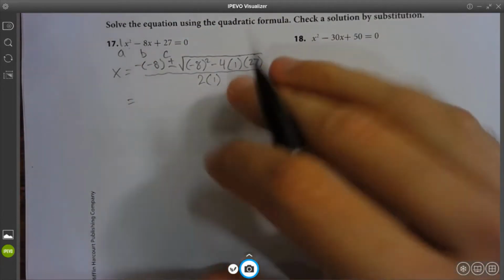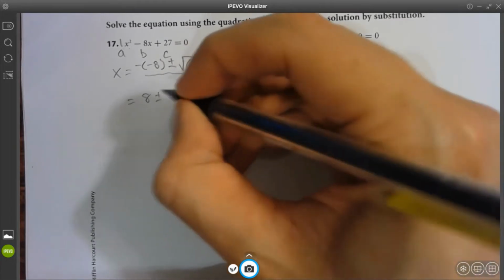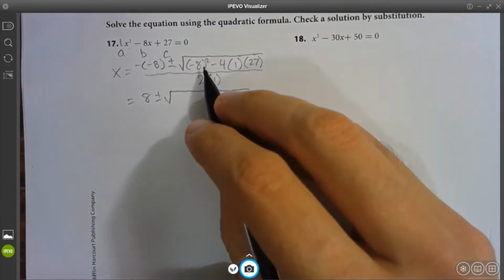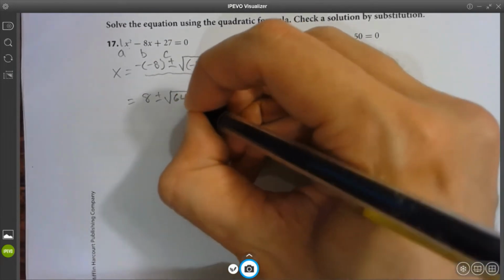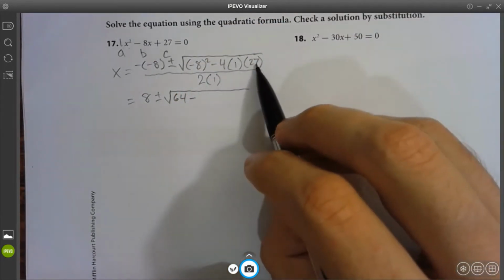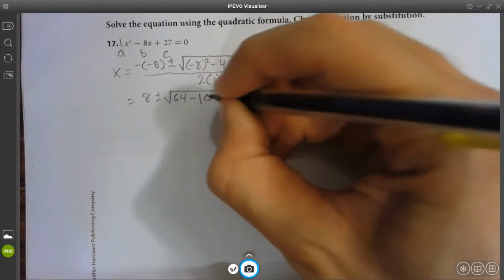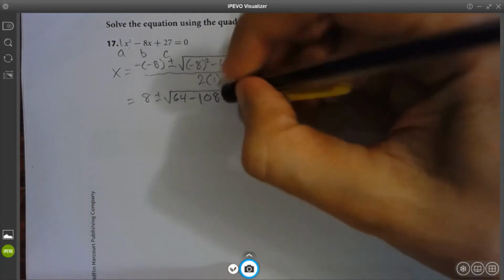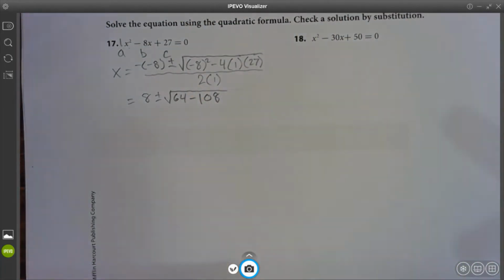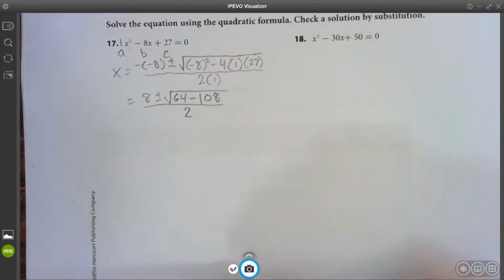Okay, cool. Let's start simplifying. It's going to be a slog. Let's just get through it. Negative of negative 8 is 8. 8 squared is 64. 4 times 1 is 4. 4 times 27 is 108. Okay, this was a lot longer than it needed to be. And 2 times 1 is 2. Cool.